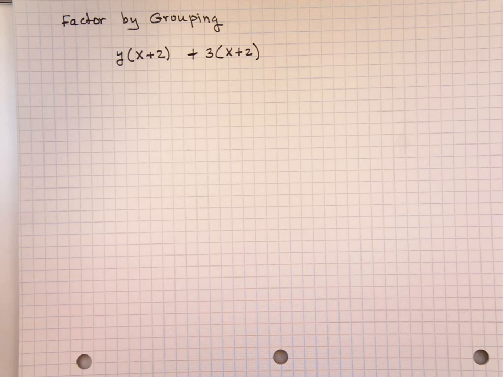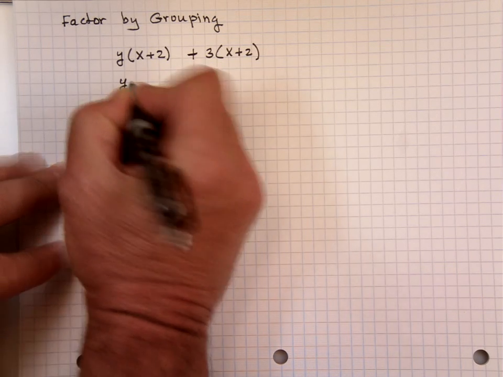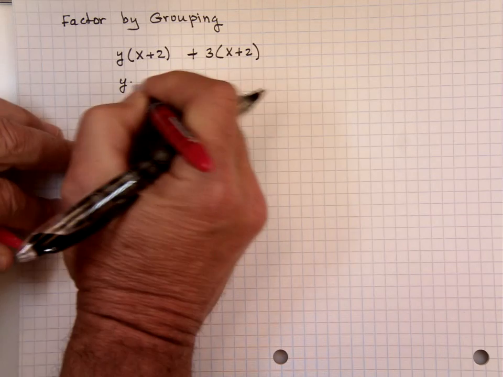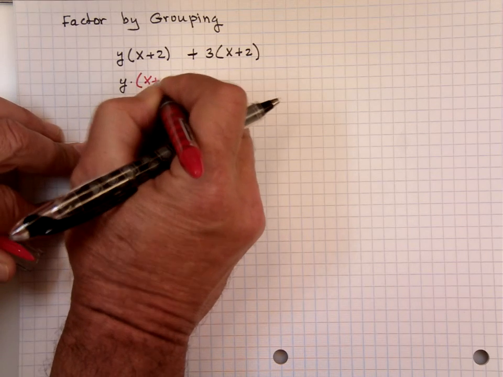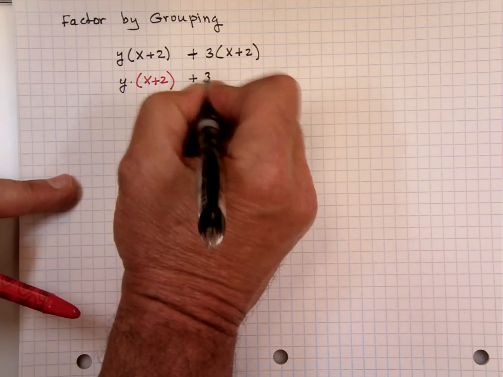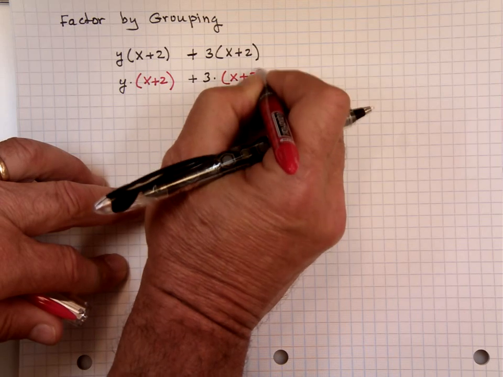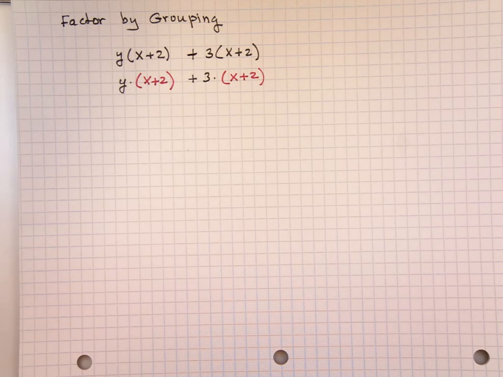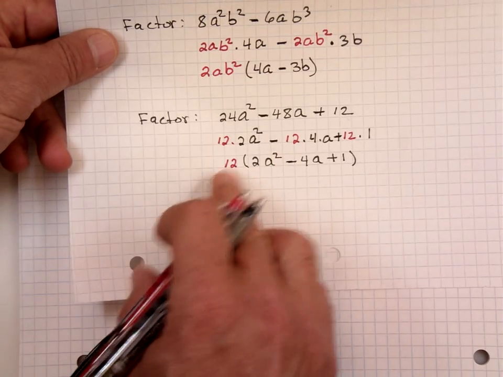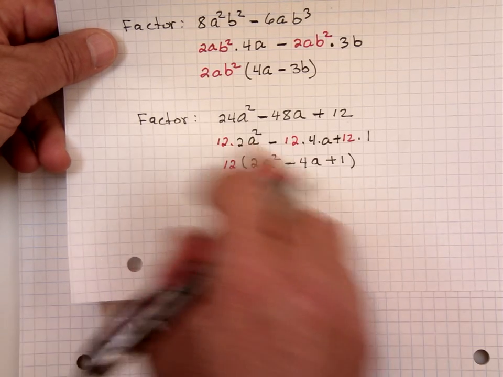So I can write that y times, I like to put the common factors in red usually, x plus 2 plus 3 times x plus 2. You can see the x plus 2 happens to be in both of them, and just like the other examples we did, when we have a common factor, we took it outside the parentheses, and whatever left, we left inside the parentheses.